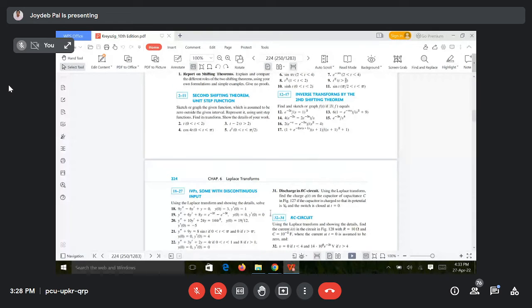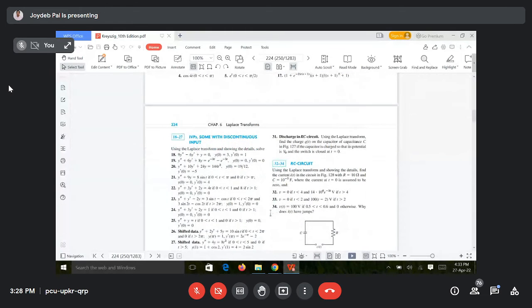Now our main focus is to solve initial value problems. So what is the difference from the previous chapter? In the previous chapter also we solved some initial value problems. Here the difference is the function on the right hand side.